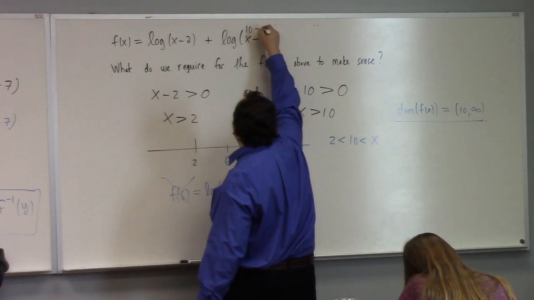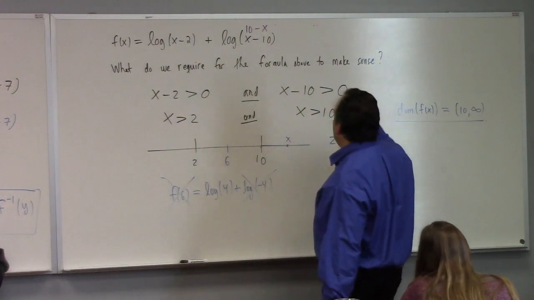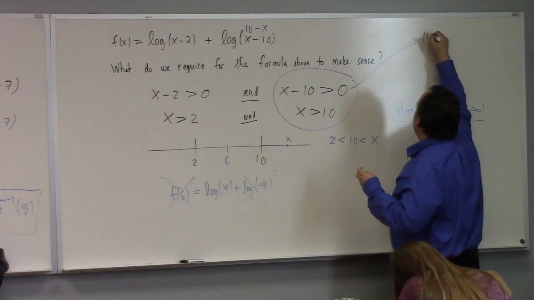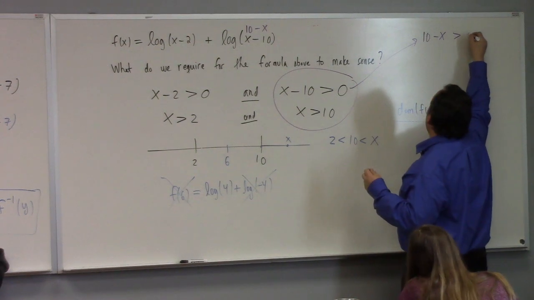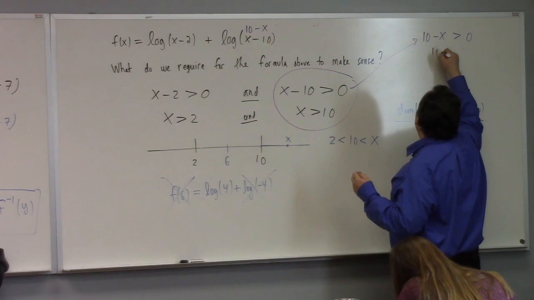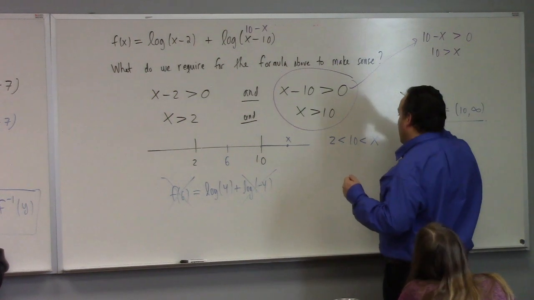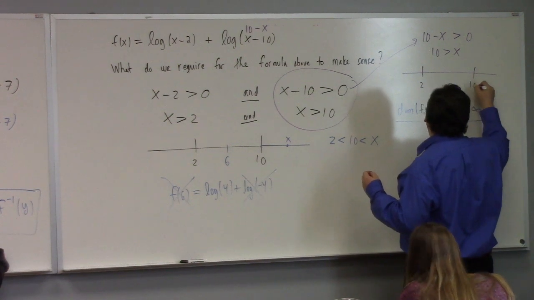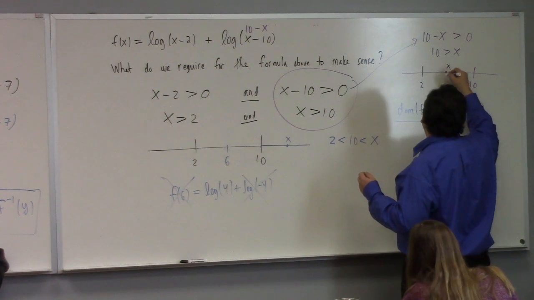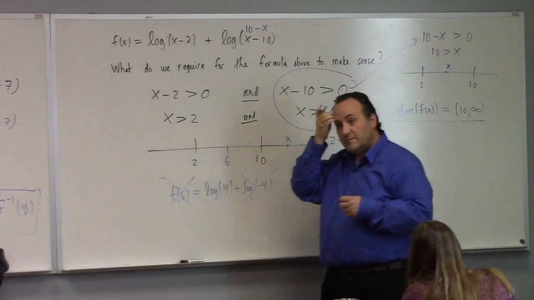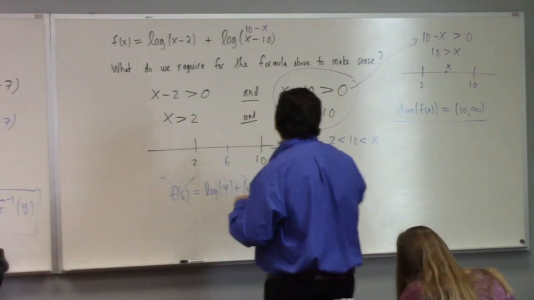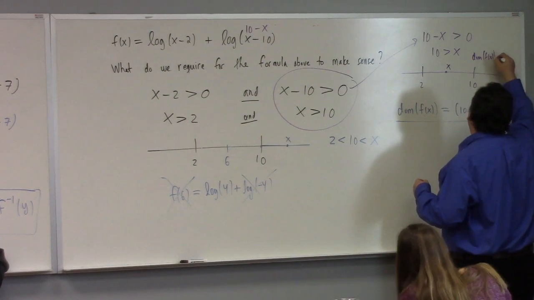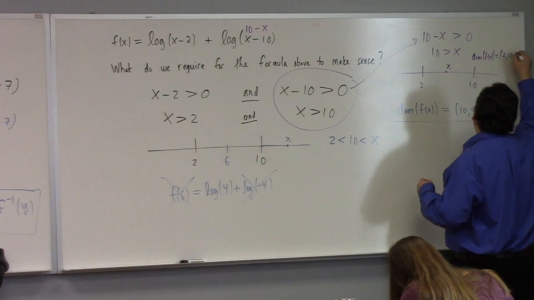That would replace this with 10 minus x greater than 0, which is to say that 10 would have to be greater than x. So then when you think about the number line, you got 2 here, you got 10 here, and you need x to be in between those two. In that case, the domain would be 2 to 10, not inclusive, of course.